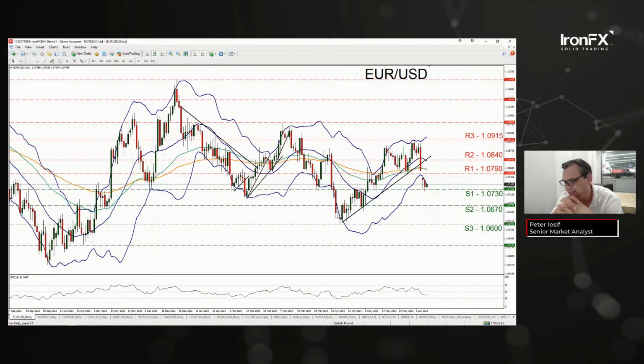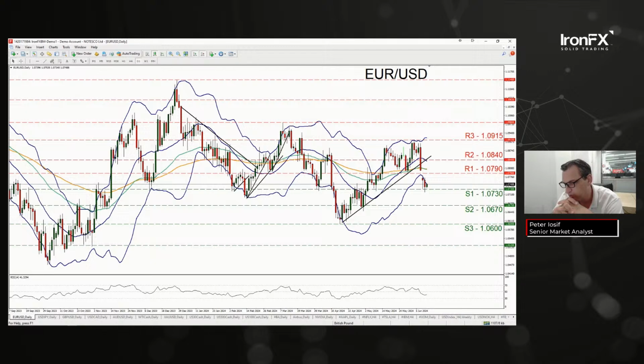on a technical basis, against the euro, we see EUR/USD bouncing on the S1 1.0730. The support line seems to be holding its ground, and we may see a relative stabilization, but we note that a number of moving averages have started to point downwards.